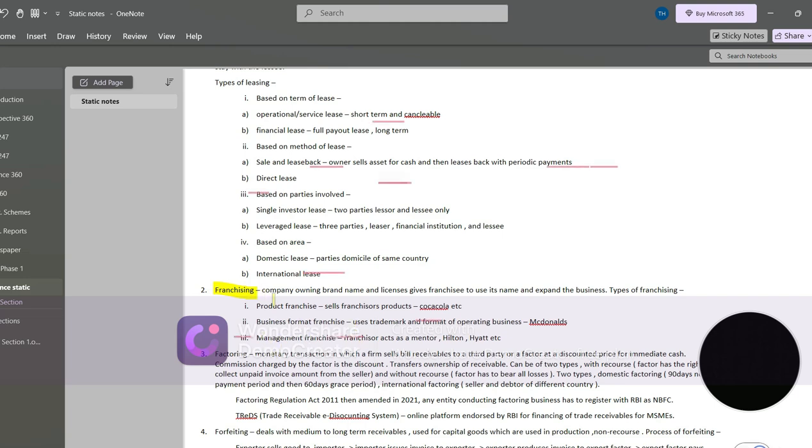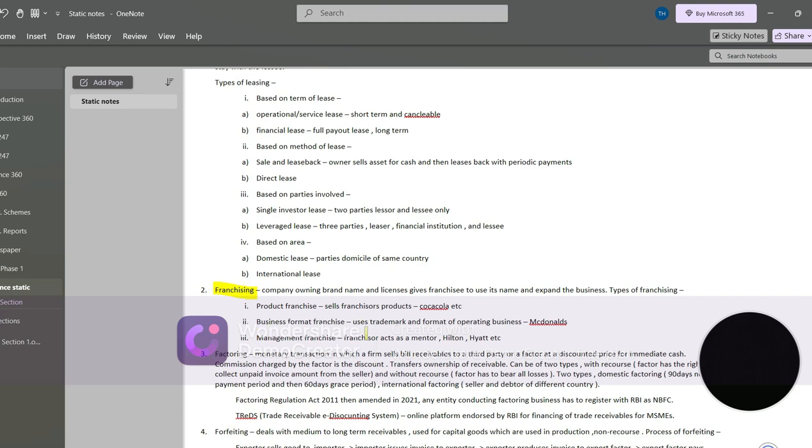In product franchising, your franchisees basically sell your product. In business format franchising, your franchisees use your trademark as well as your format of business. Like for McDonald's, all the franchisees have the same operating system, same taste, same menu.